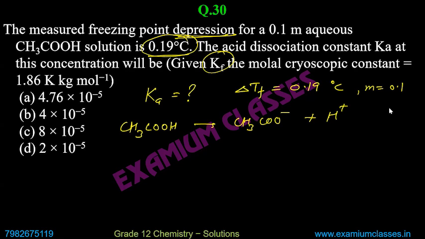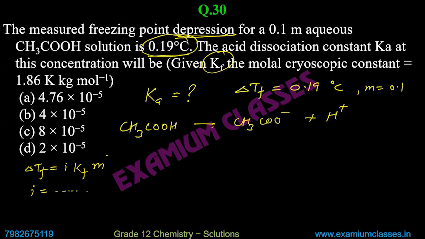Just as a hint, from the given values of delta TF, M, and Kf, calculate the value of i. You know that delta TF is equal to i Kf m. Everything except i is known. So from here you will get value of i.